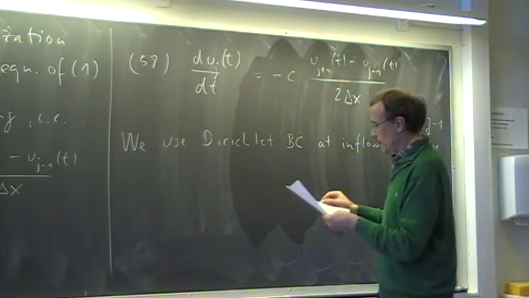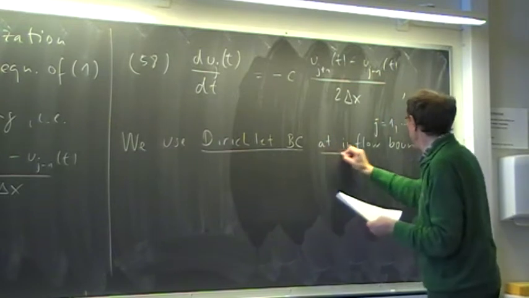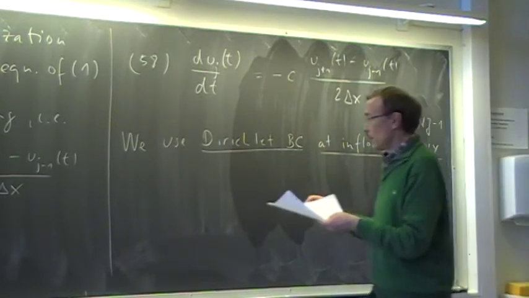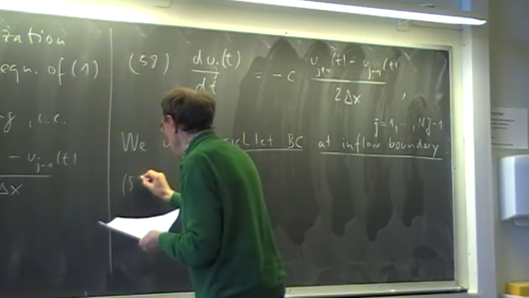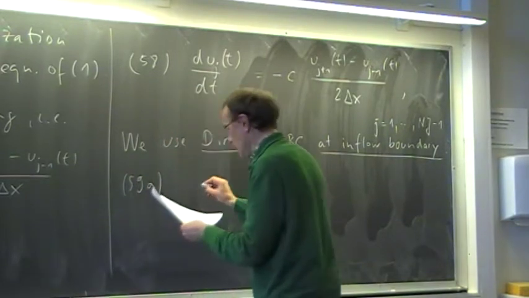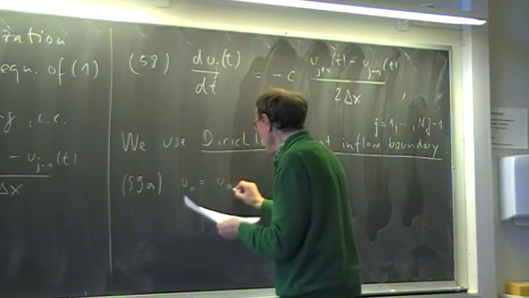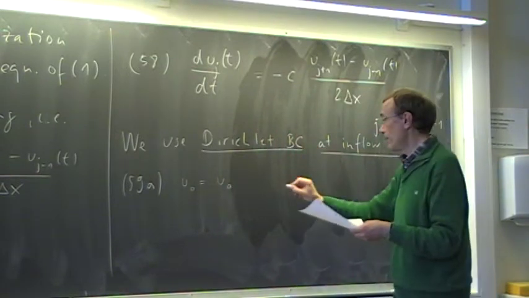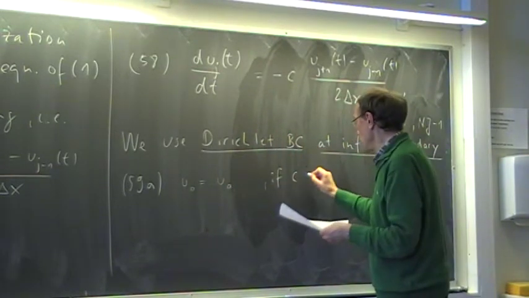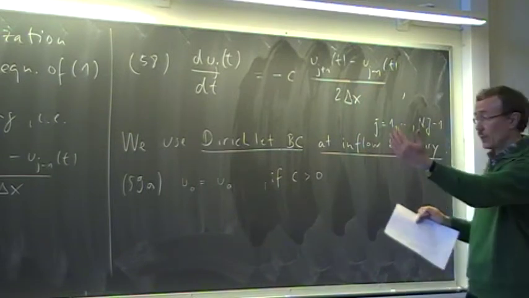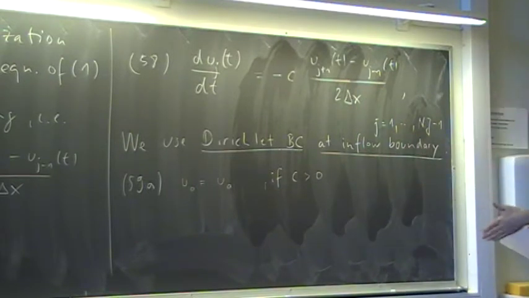And that is then 59a, I call it. Then we have the u0, which would be the boundary condition at the left boundary if we have advection from left to right. Then the flow is coming from the left, and we have to give a boundary condition. Characteristics are entering there and carrying in information, so we have to supply that.